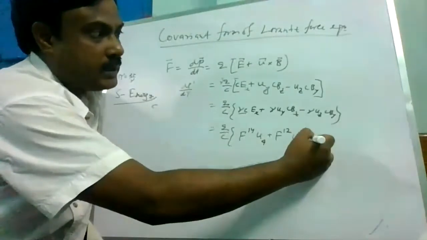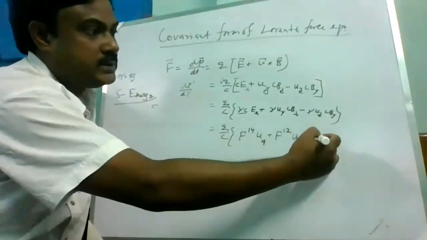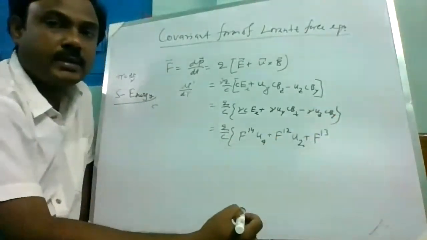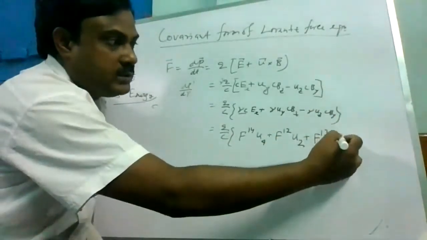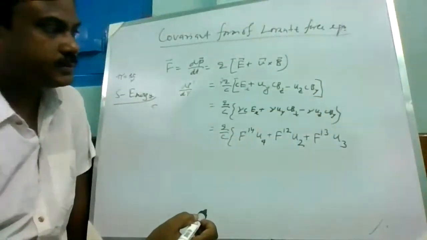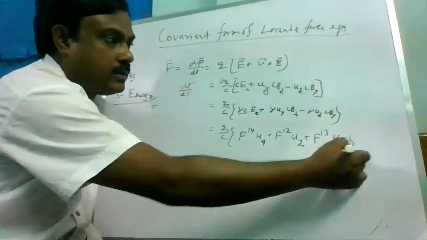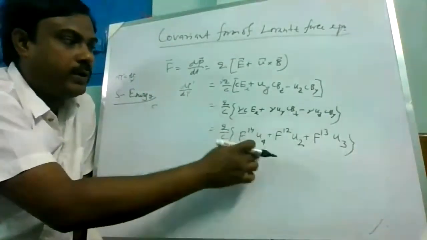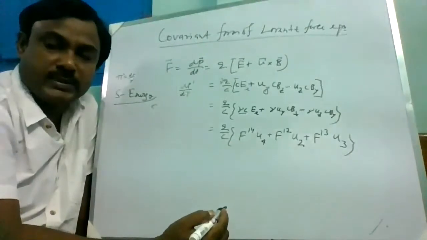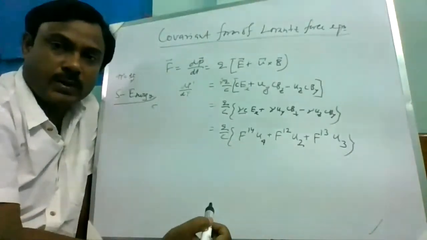Here plus cby. cby is f13, and this is u3, right? Minus sign is there here. You see the pattern 144, 122, 133. There is one term missing, you can easily put it, 111.